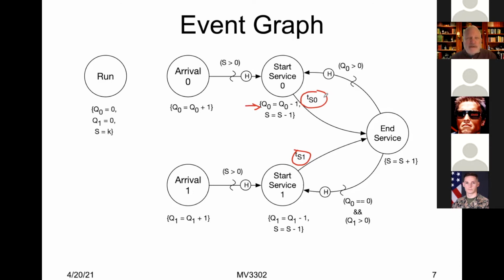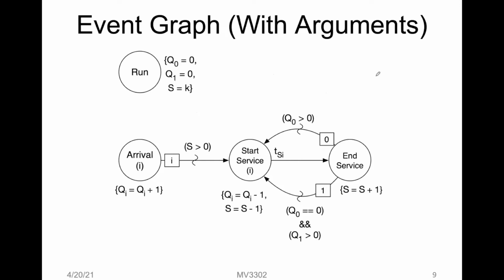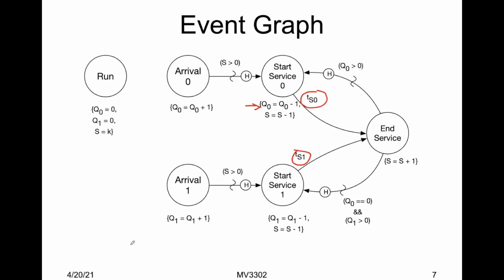In other words, if we look at this, hopefully it would address that, because earlier there was the thing of, when you look at this event graph, one thing that comes to mind is, what's the difference between this arrival event and this arrival event?